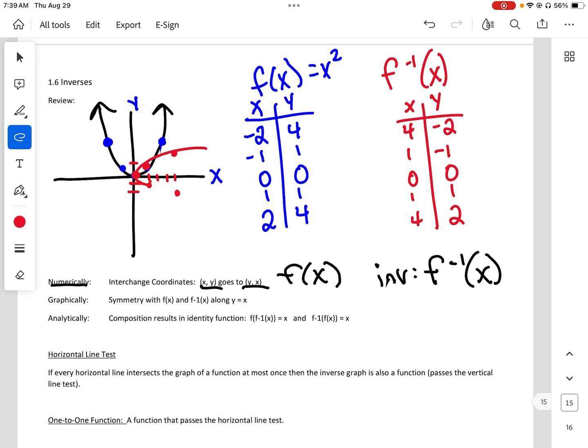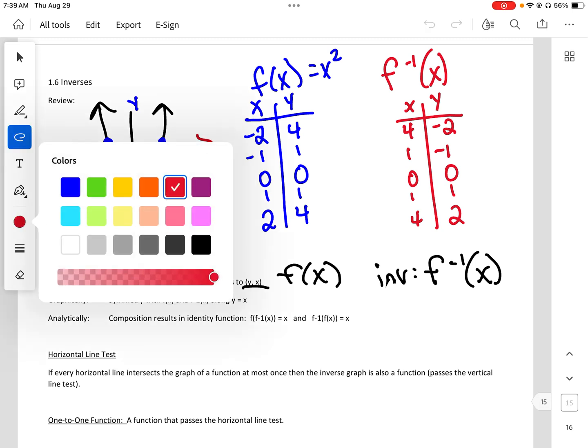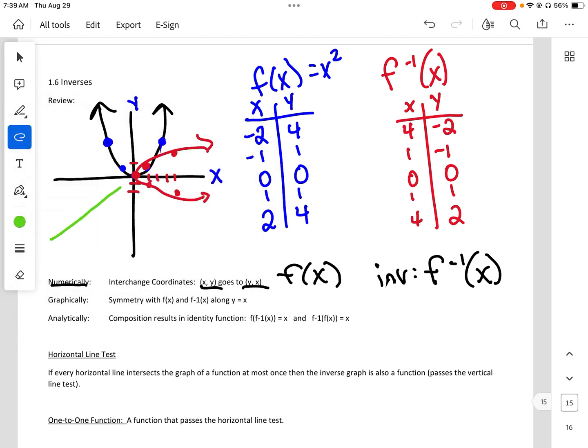So it's going to look like this. They're interchanged, and what we actually have is that they are a reflection across y equals x.